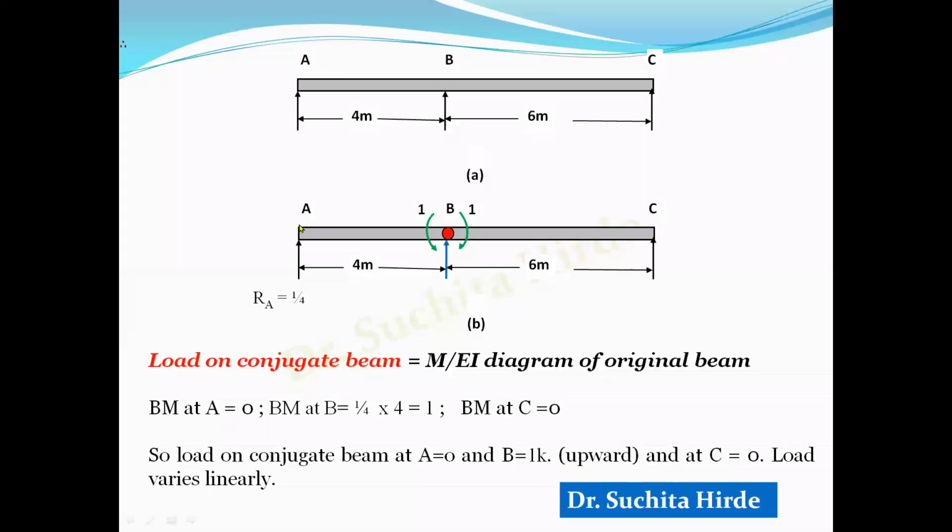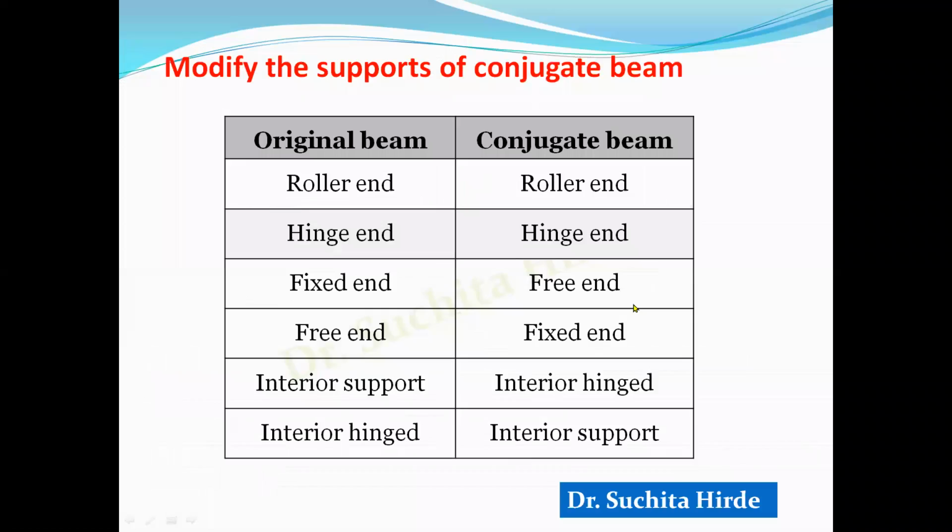Once we decide the bending moment at various sections, we have to modify these supports in the conjugate beam. We have already seen how to modify the supports. Roller and hinge supports remain as they are in the conjugate beam. Fixed supports become free and free becomes fixed. Interior support becomes interior hinge and interior hinge becomes interior support. So let us see how to draw the conjugate beam.